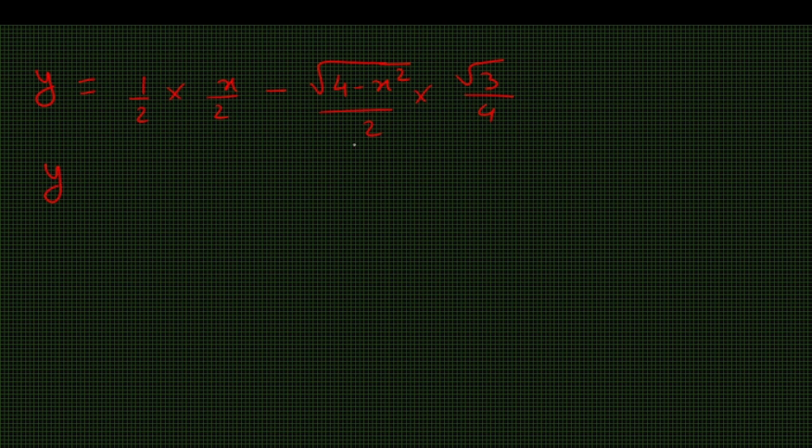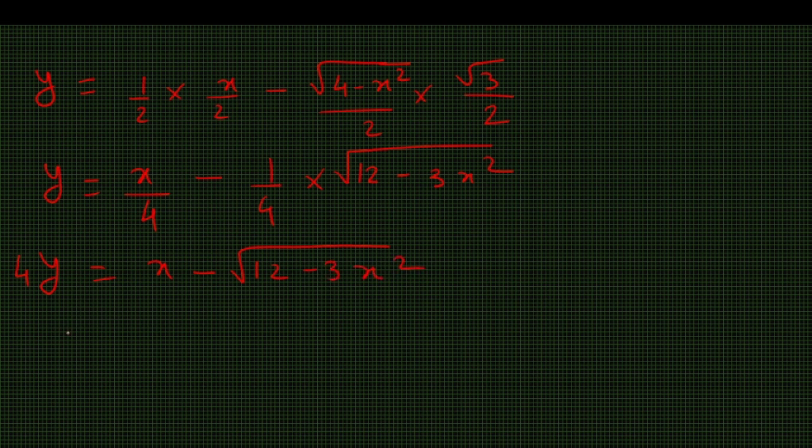Now y is equals to x in half into x/2 is x into 1/4 minus, there is also 1/4 into root 3 अंदर जाके 9, root 3 into this expression 12 minus 3x square. Now take 1/4 common and multiply here, then 4y is equals to x minus under root 12 minus 3x square.